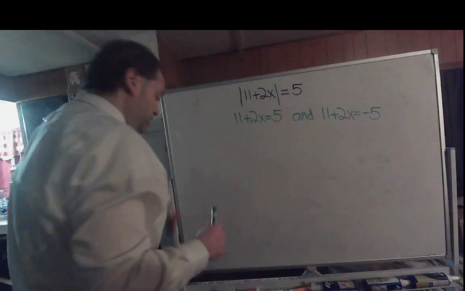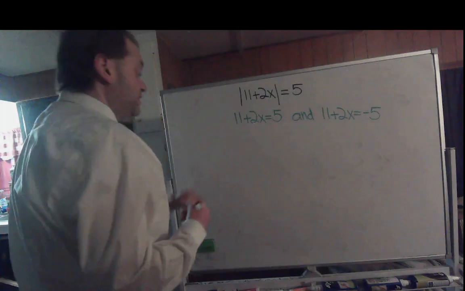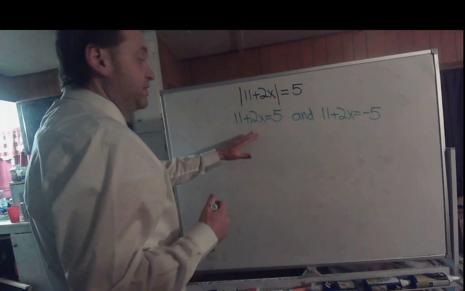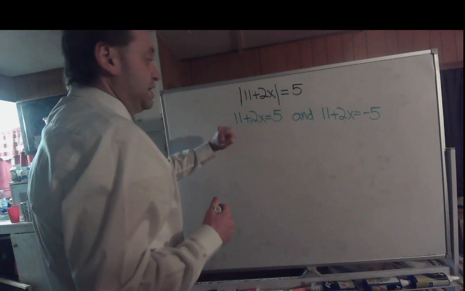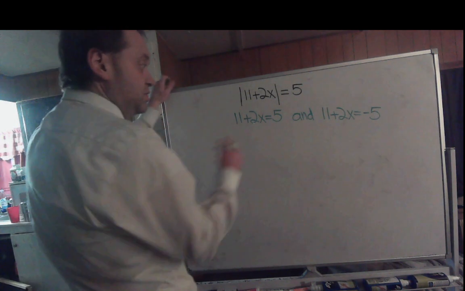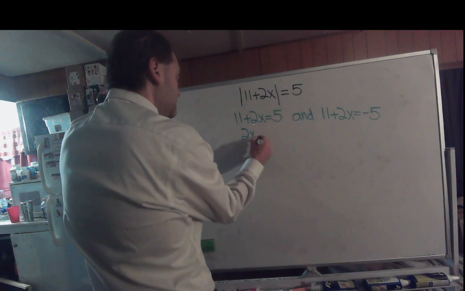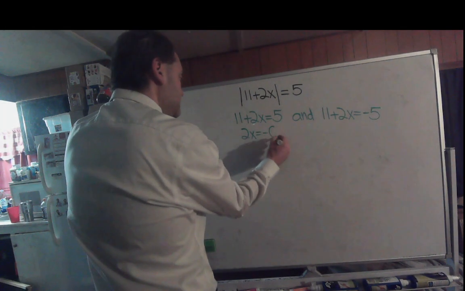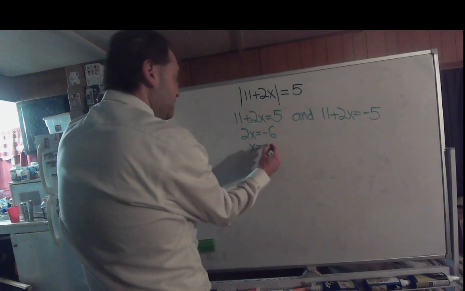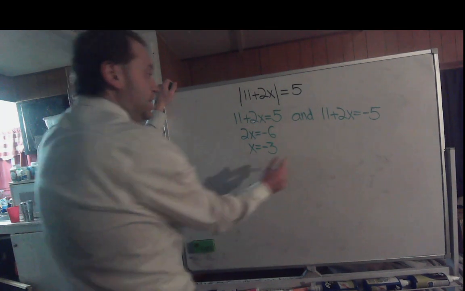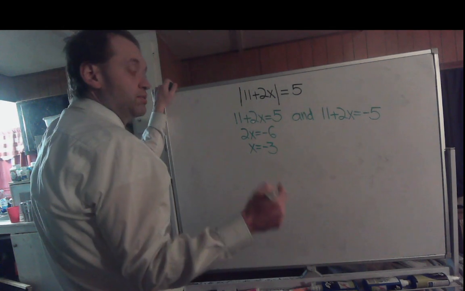Now we can solve this. So 11 plus 2x equals 5, well obviously we want to get the 2x by itself first, so subtract 11 from both sides. You would get that 2x equals negative 6, and then you would get that x equals negative 3. Alright, and then we come over here, 11 plus 2x equals negative 5.